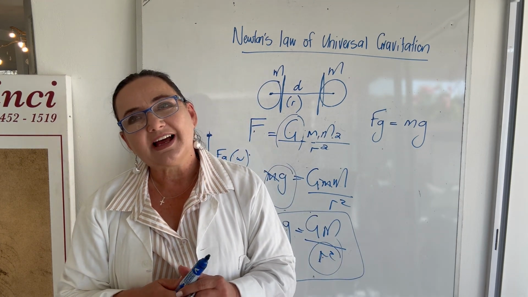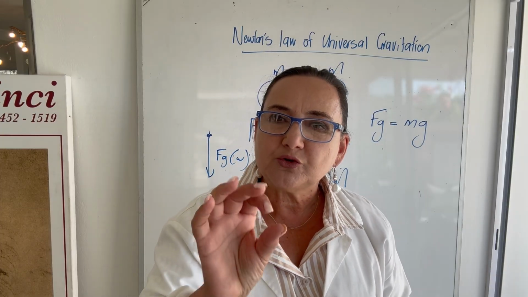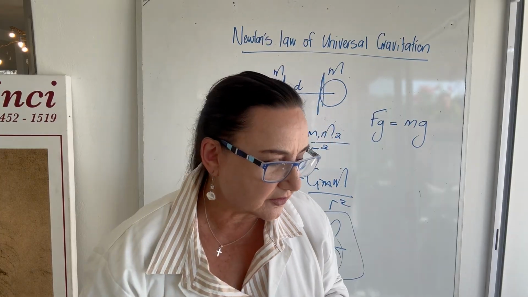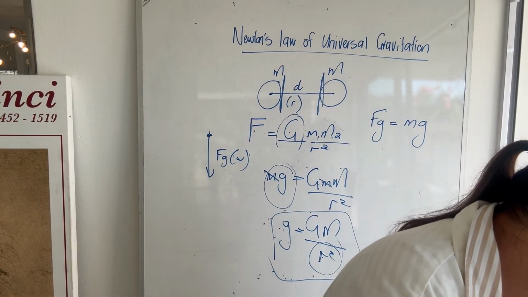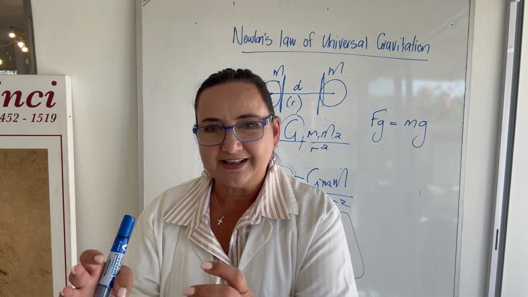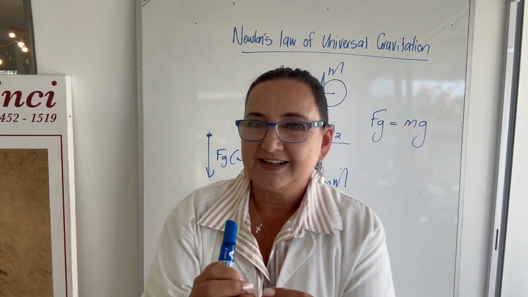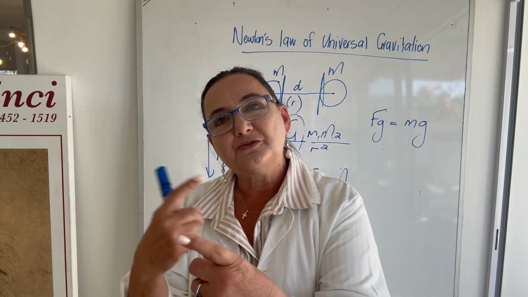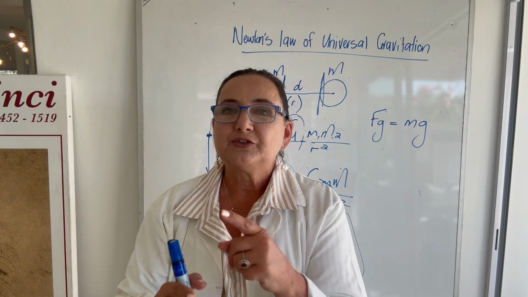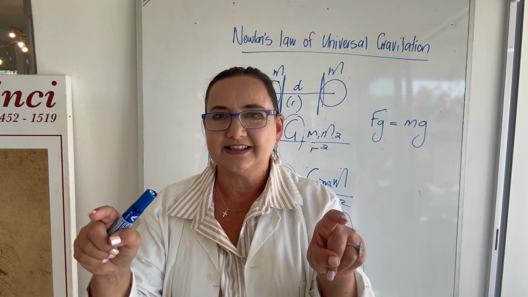All right, so now we're going to have to look at how we are going to work out typical questions regarding Newton's universal gravitational law, which states that each body in the universe attracts each other body with a force, and that force equals the product of the two masses, and it's inversely proportional to the square of the distance, or r, between the two objects' centers.